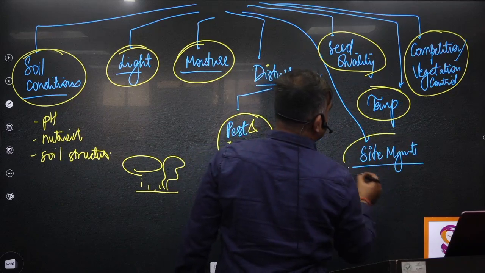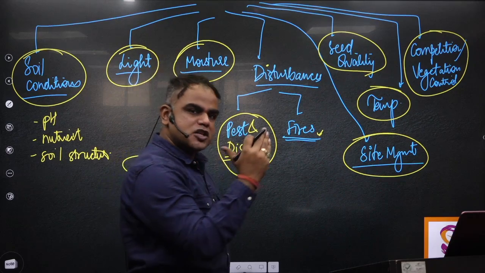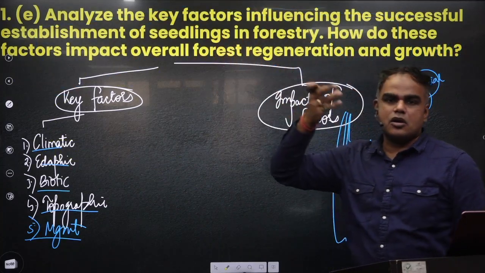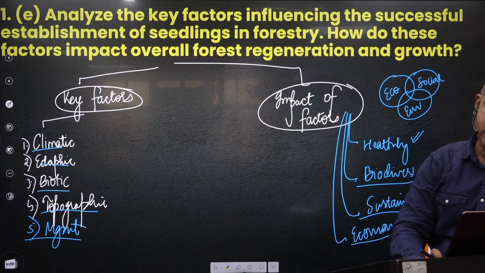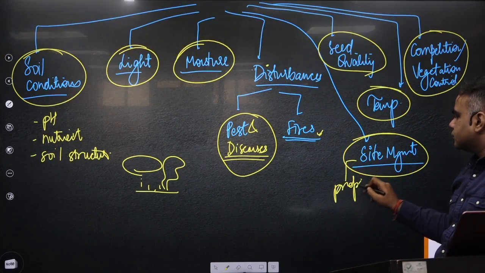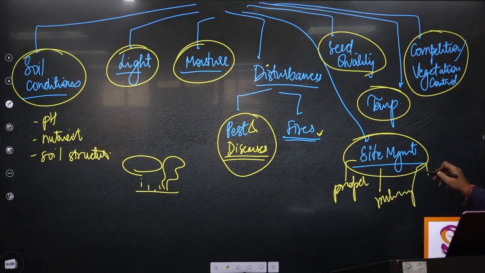And lastly, site management, which means scientific silvicultural principles of management have to be followed so that the establishment of seedlings can happen in the most optimum manner. Which means proper site preparation, mulching, or even creating debris.